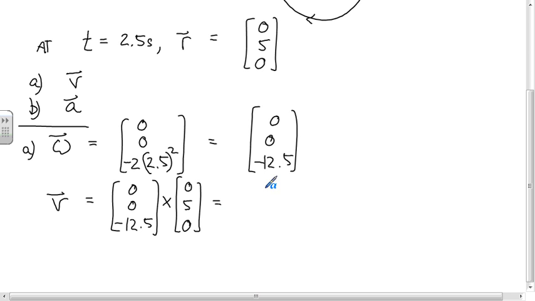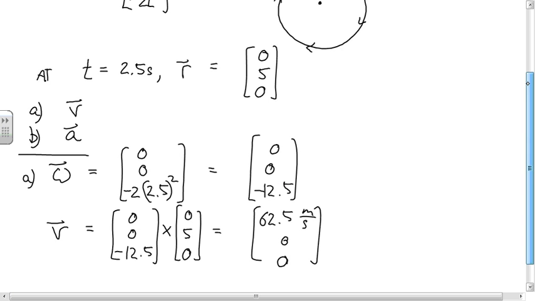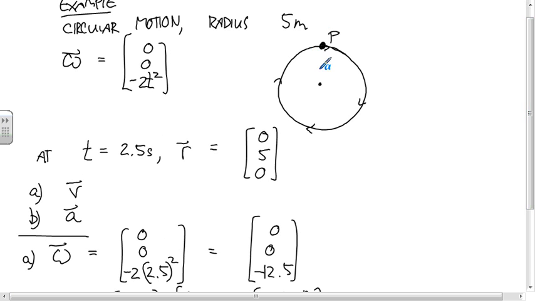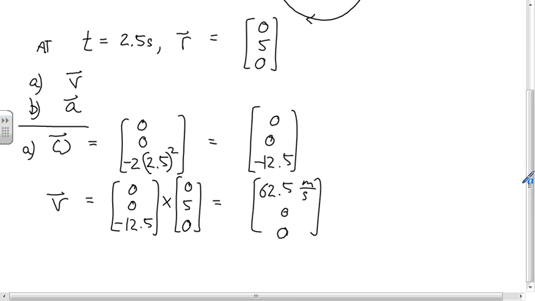And you get a value of positive 62.5, in meters per second, 0, 0. And now look at this motion. Does it make sense that the velocity vector would be in the positive x direction? Yeah, it's tangent to the circle in the direction of a clockwise motion, so that makes perfect sense.